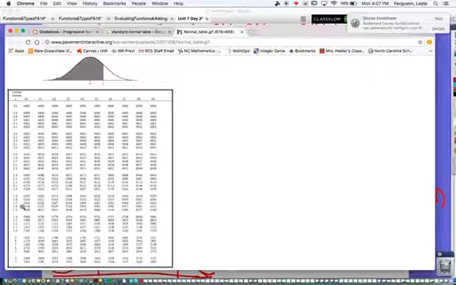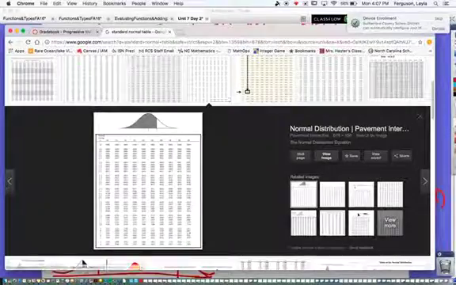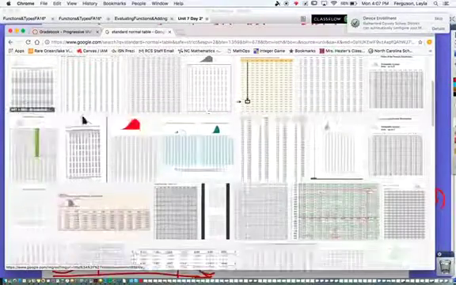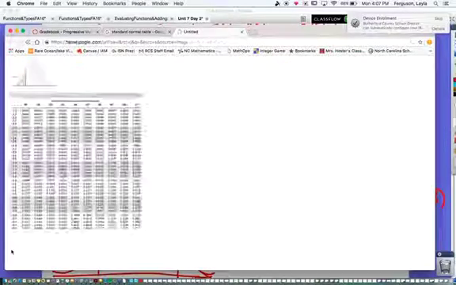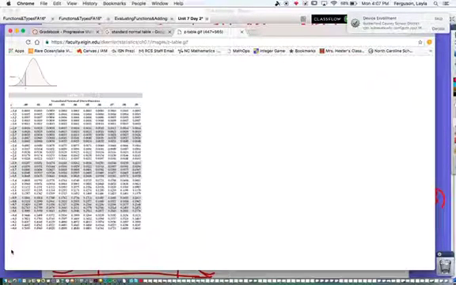So negative 1.6 and then go over to the 3. That's not a really good one. Let me find a better one. Is this the one? I think this is the one that you guys would have. Just kidding. Nope, not that one.